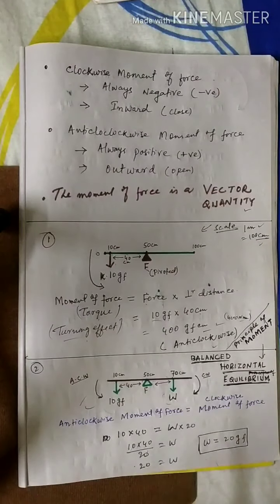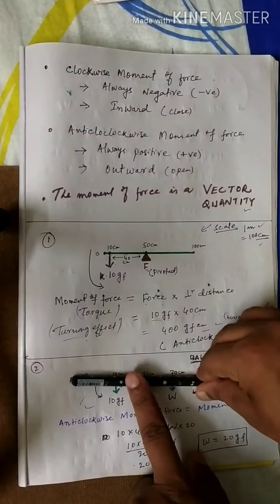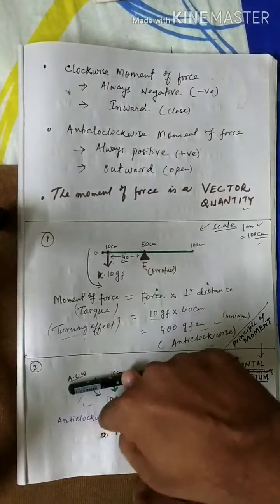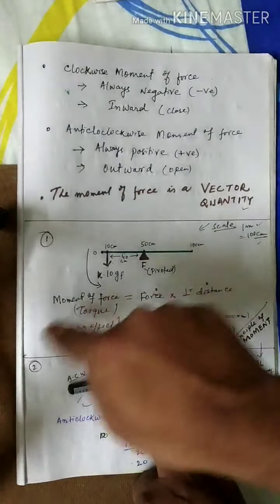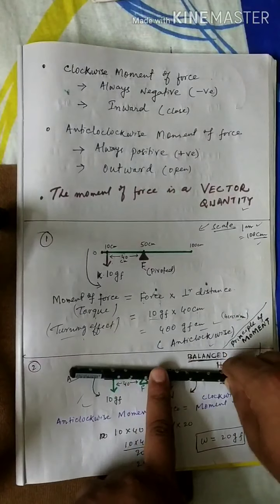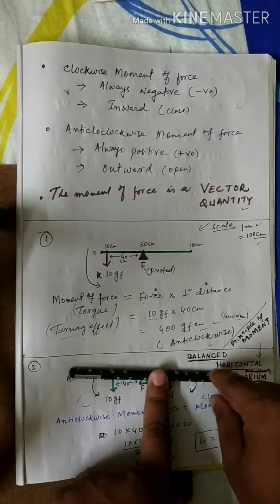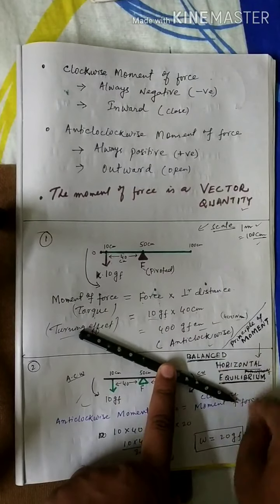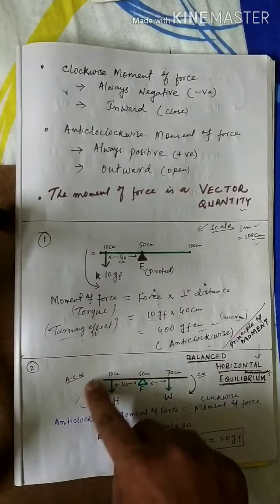Now assume that if the load is put here, then the body will rotate anti-clockwise, and to balance this we put a load in that direction. If you put a load here, then the body will rotate clockwise.